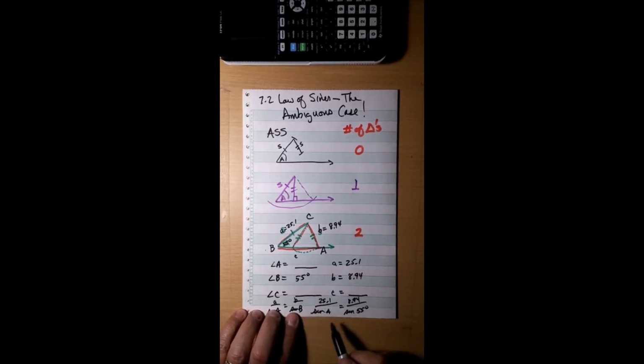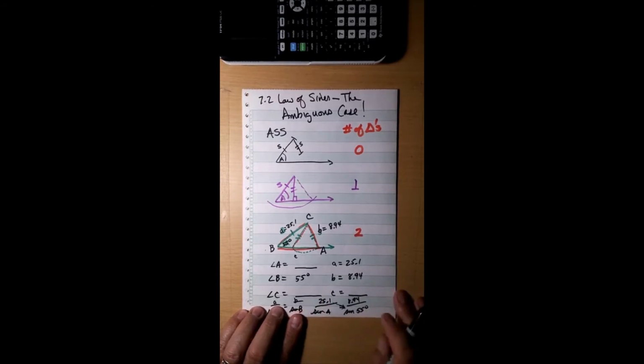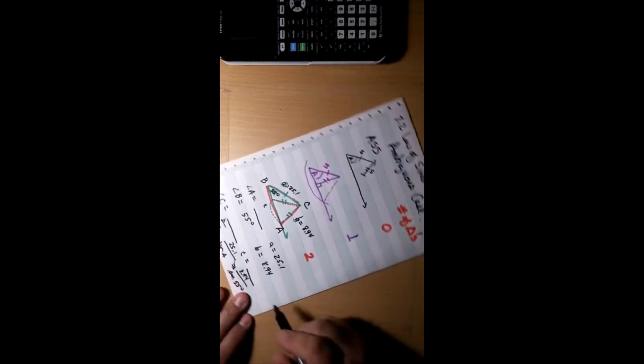If we cross multiply and divide by the third, you'll set up your equation. Let me put it sideways. So it's going to be sine A equals 25.1 times the sine of 55 over 8.94.